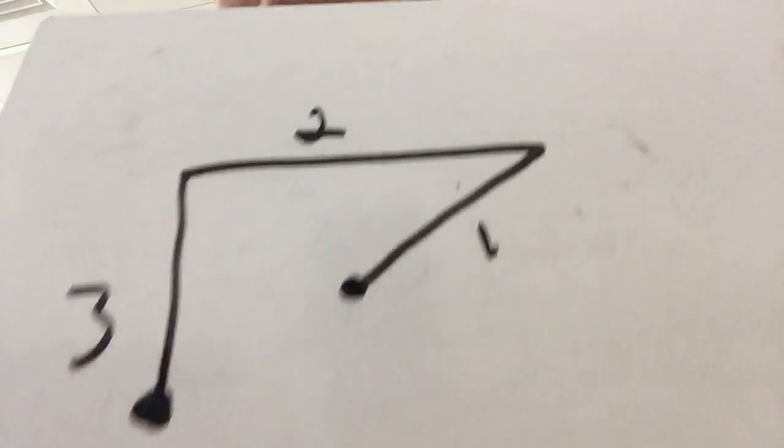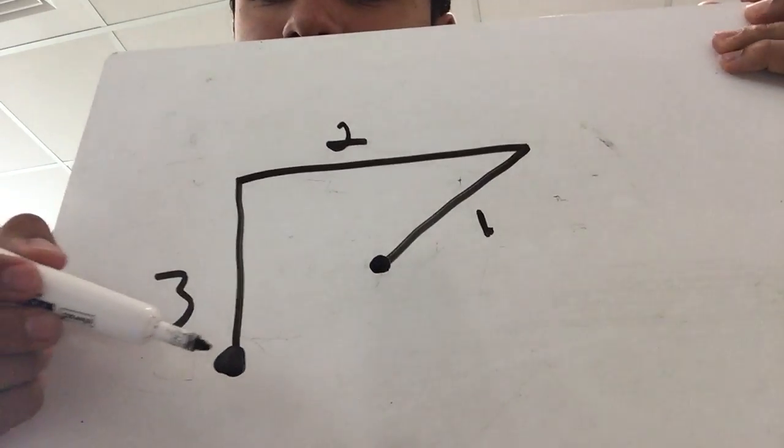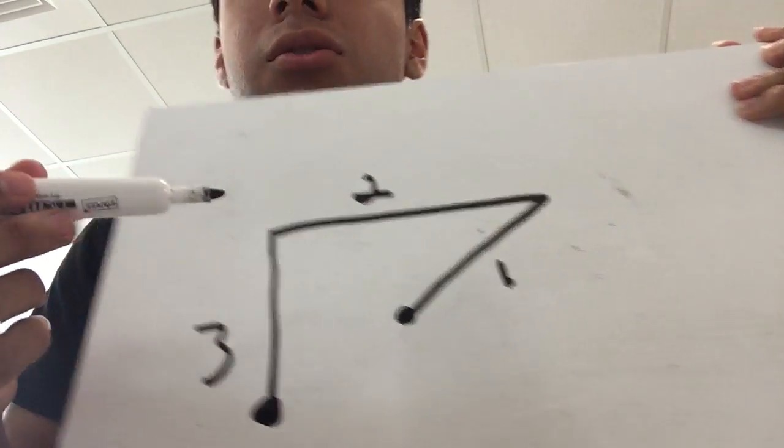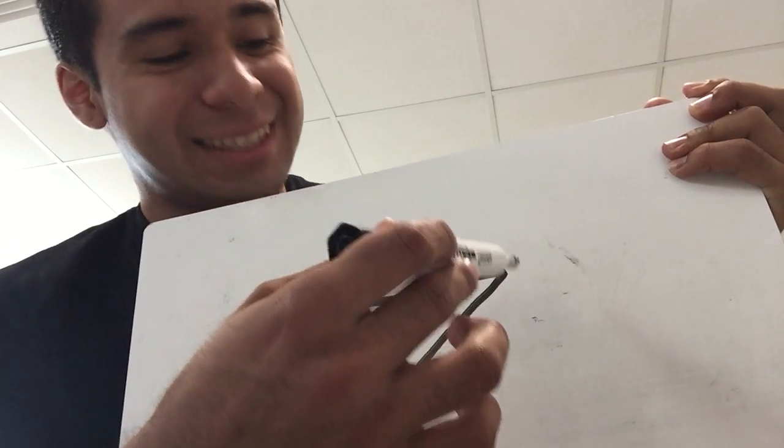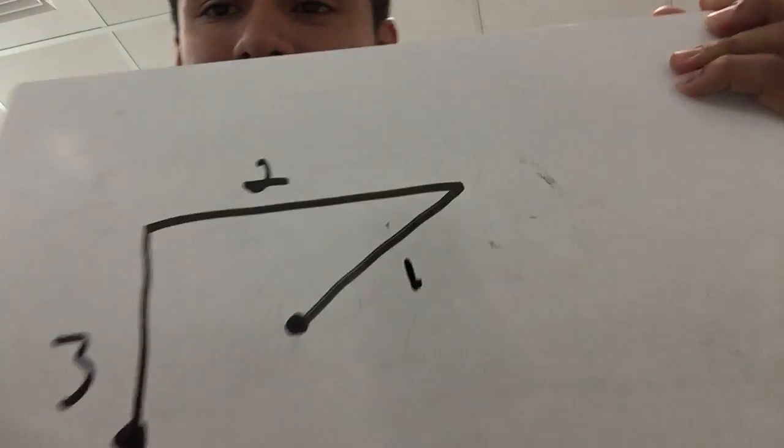So let me draw a little simpler one. Let's say you started off here, traveled 3 miles north, 2 miles that way, and then 1 mile that way.